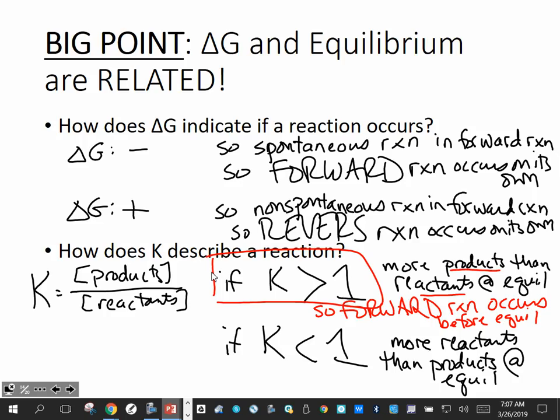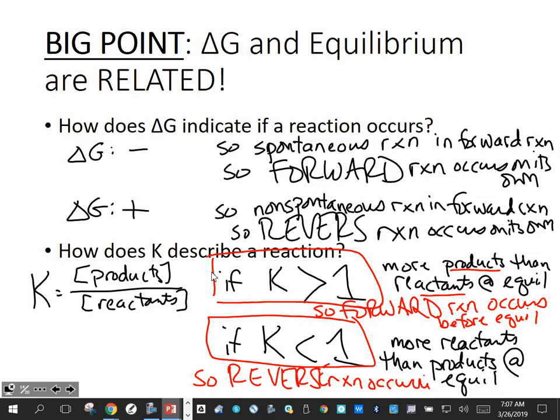Likewise, if K is less than 1, that means you have more reactants than products. Okay, so which reaction must have been occurring more before you got to equilibrium? Well, if K is less than 1, then you must have had the reverse reaction occurring more frequently before equilibrium. And now suddenly look at what we're saying here.